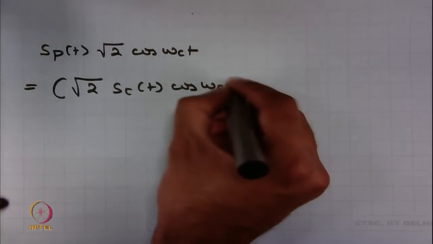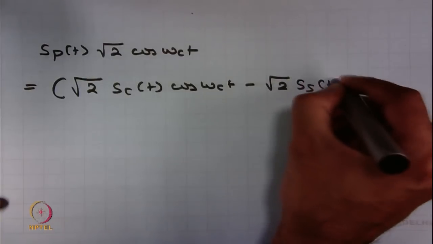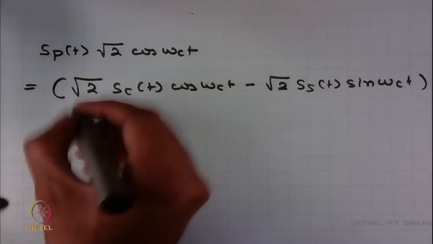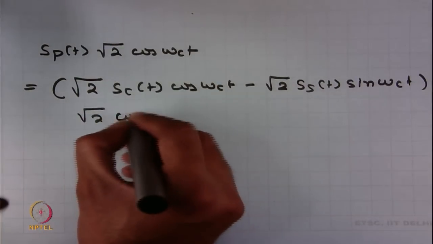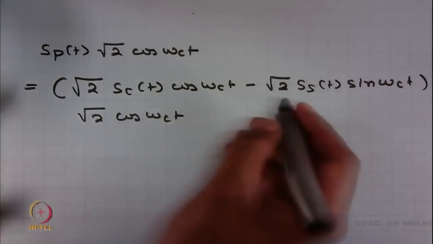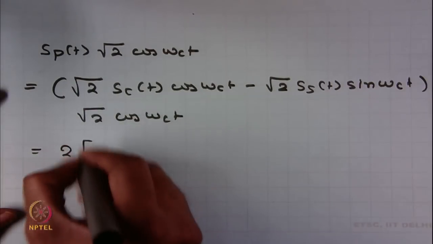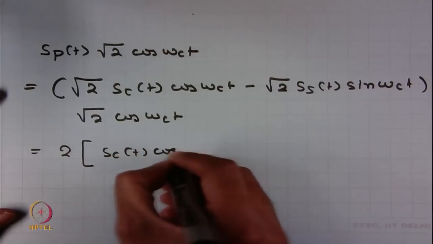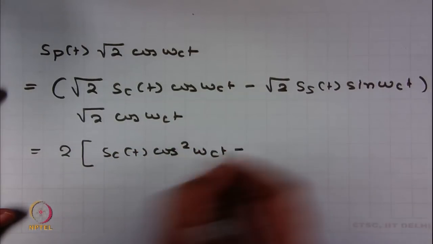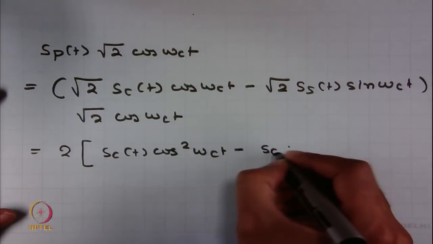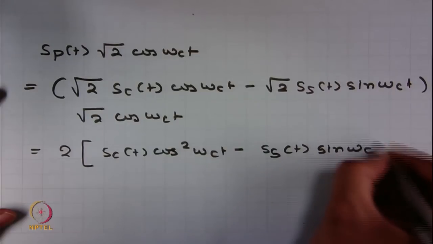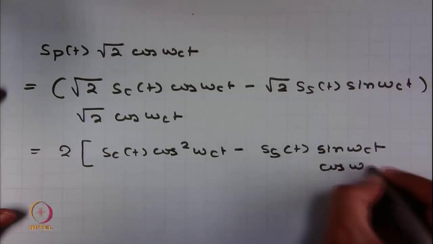So first we can write the expression for S_p(t), multiply this with root 2 cos omega_c t, we can pull 2 out, we will have S_c(t) cos squared omega_c t minus S_s(t) sin omega_c t into cos omega_c t.